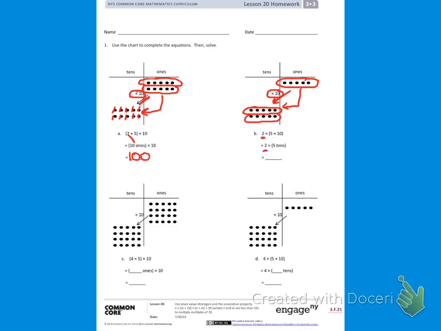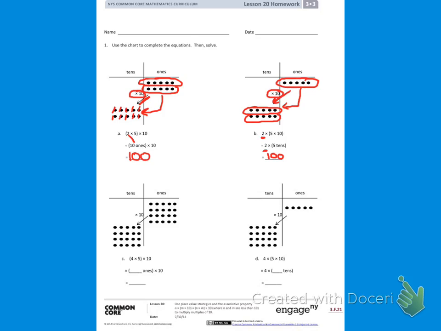So 2 times 5 times 10 is the same as 2 times 5 tens. And we already know that that makes 10 tens. And 10 tens equals 100, just like we counted in item A.